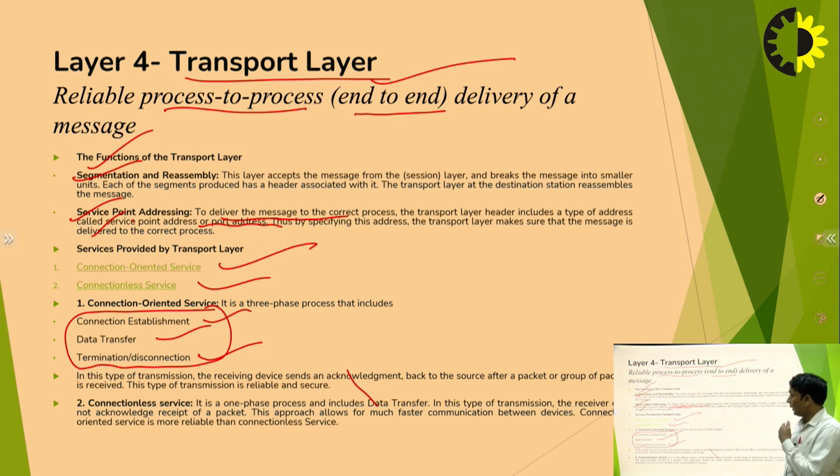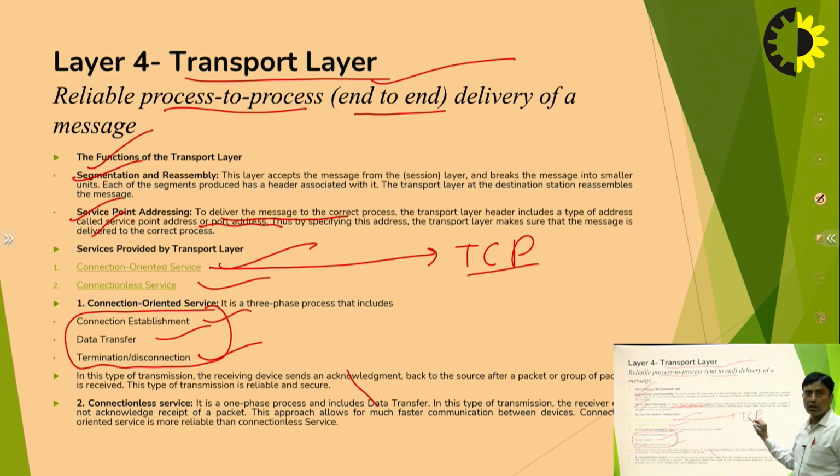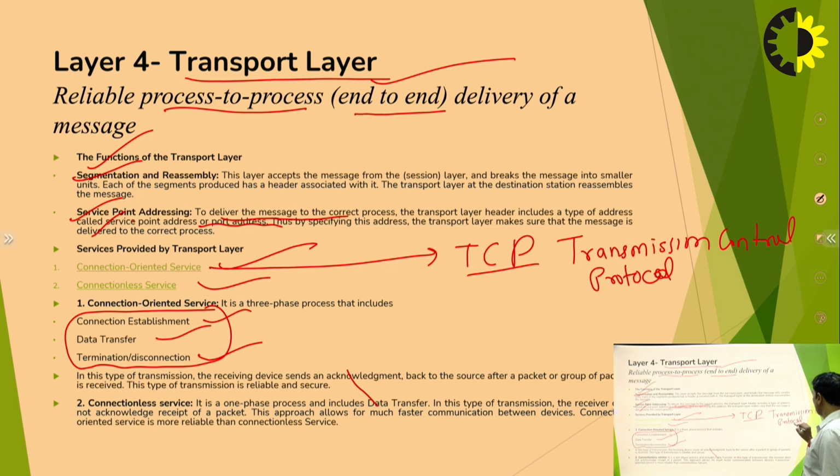So here we can see that these layers play a very important role. At the transport layer, there are two protocols. Connection oriented is the TCP protocol, the Transmission Control Protocol.